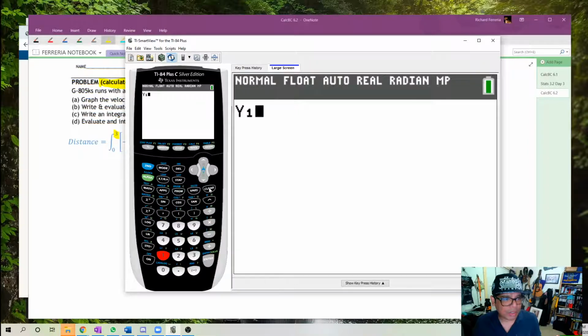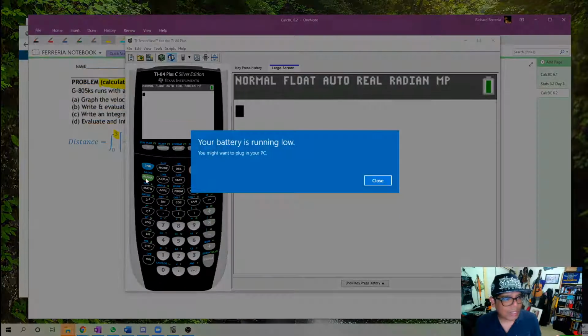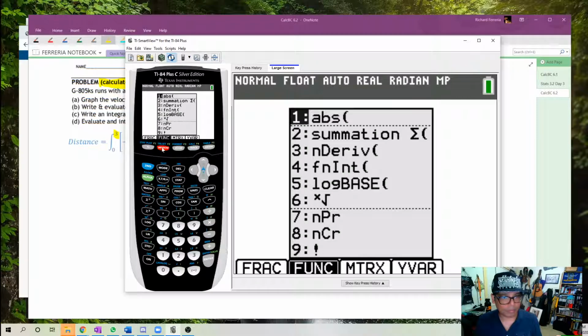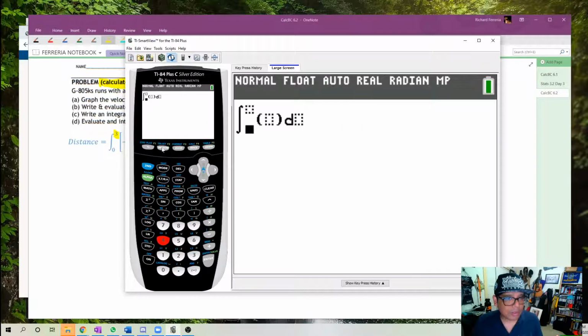Oh no, I did the wrong one. I'm sorry. It's alpha and window. Alpha window gives you FNINT as option 4. So you can do what I did, scroll down to it and push enter, or you can just press the number 4.